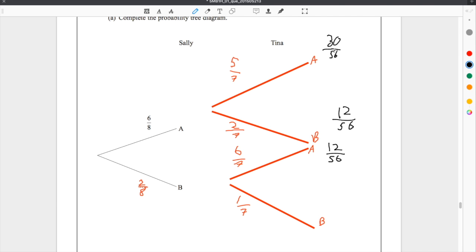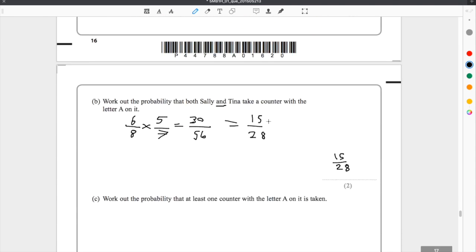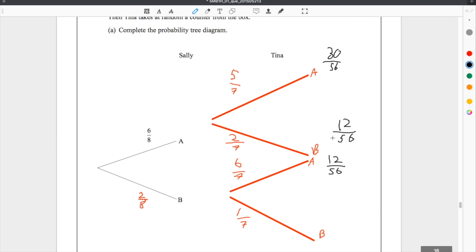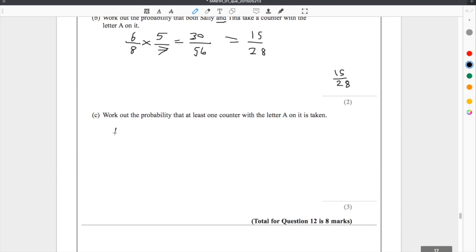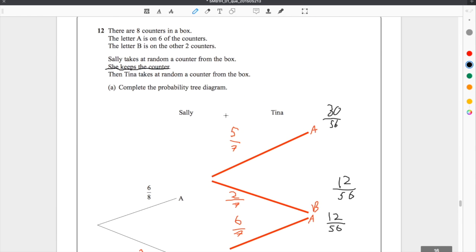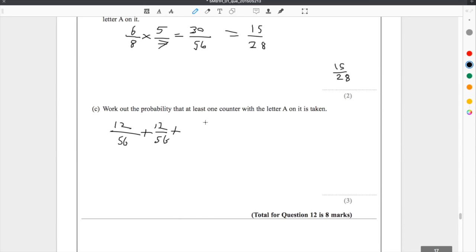Now, we add together each of these values. 12 plus 12 is 24, add 30, that's 54. So we have 12 out of 56, add 12 out of 56, plus the probability of getting an A and an A, which is 30 out of 56.